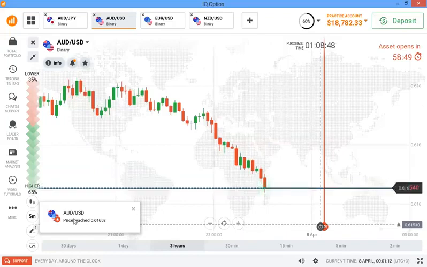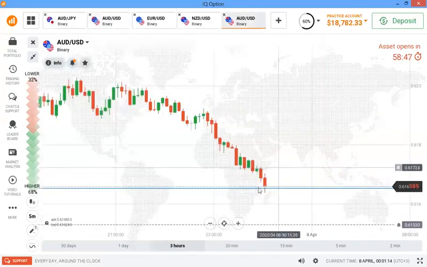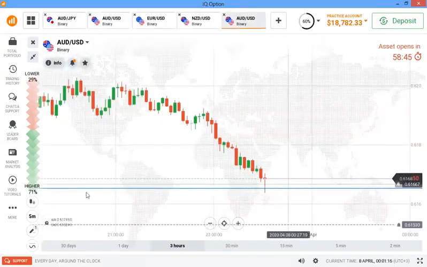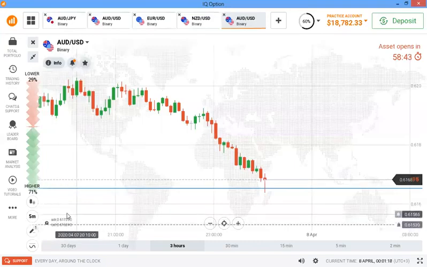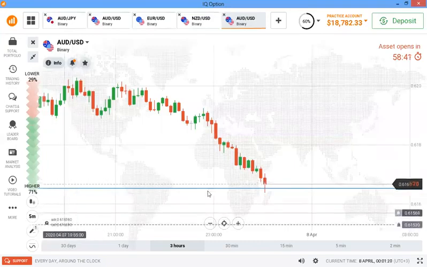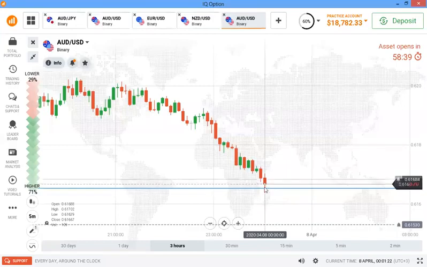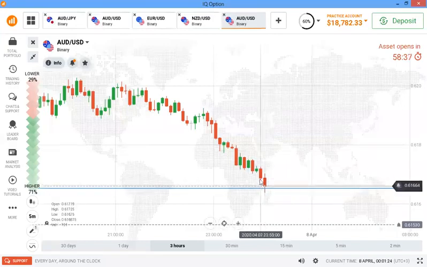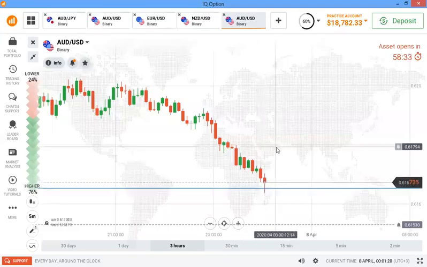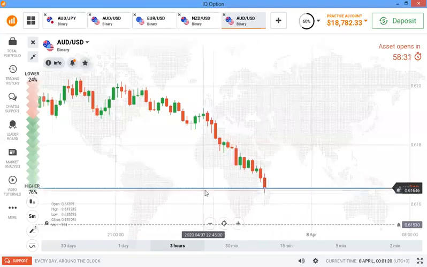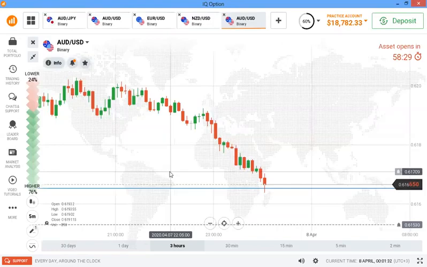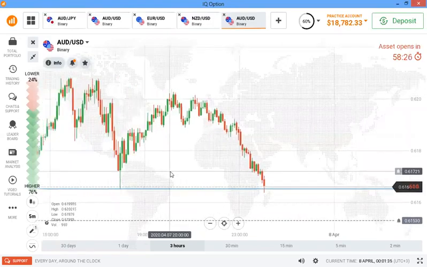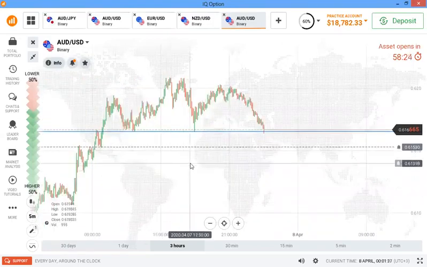Maybe the market reached that level and just rejected. So wait for the candle to reach the level again, then place your trade, either call or put. So that's how you can use the price alert.